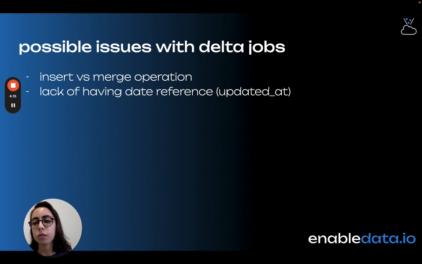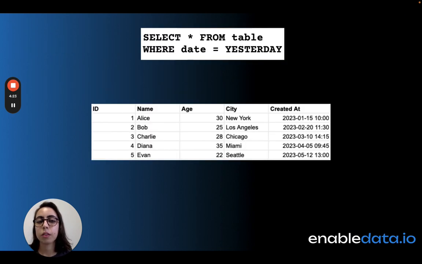Also, the second issue that I want to highlight is lack of a date reference. For example, here we are illustrating that as updated at, but if we had only the created at field, how would we know if someone in this table changed their location?